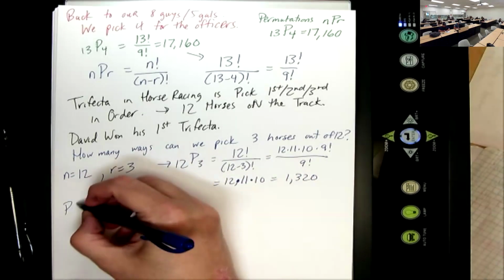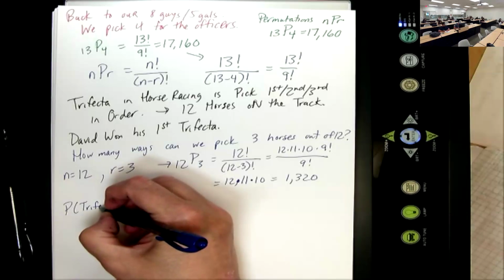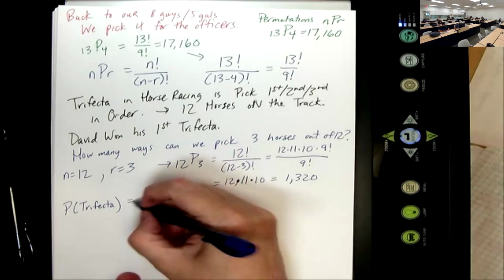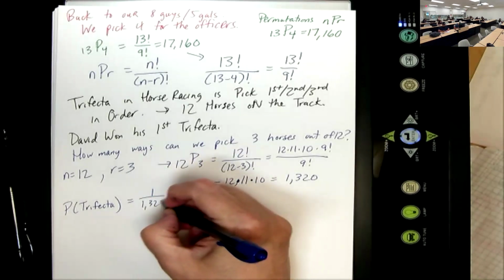So the probability of winning that trifecta: you had to pick the single combination that was correct, 1 out of 1,320.